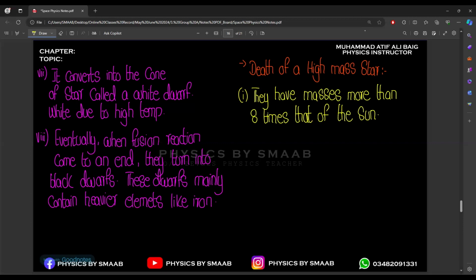So this is the first point. And what will be the change because of this greater mass? Because definitely it has greater mass, so there will be some changes as compared to the previous lower mass star. So the fusion reaction will take place at a greater rate as compared to the first category of a small mass star.